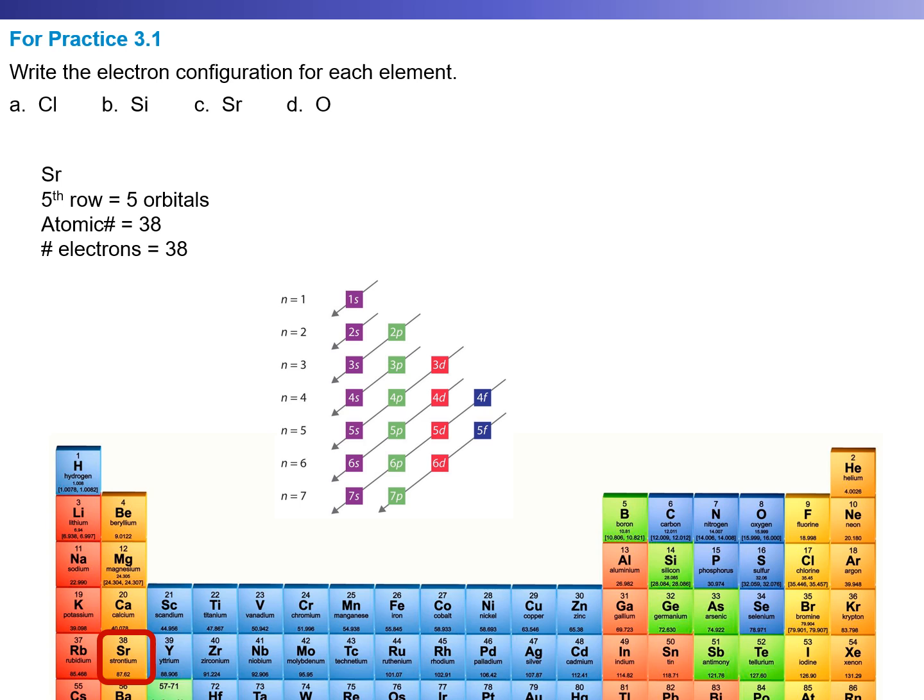So 1s is a lower energy state than 2s, and 2s is lower than 2p, and 3s is lower than 2p, and 3p is lower than, wait, I'm saying it wrong.